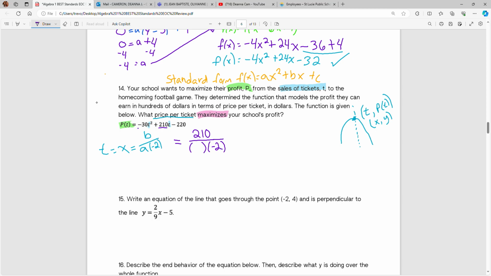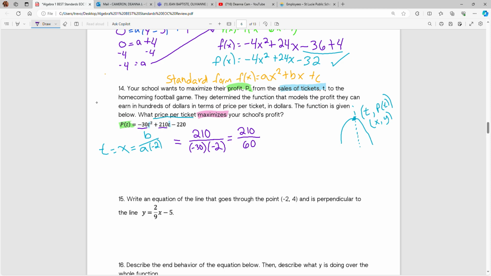And our a, we have negative 30. And now we just continue through. On the top, we keep our 210. And negative 30 times negative 2. A negative times a negative is going to turn to a positive. And 30 times 2 is 60.